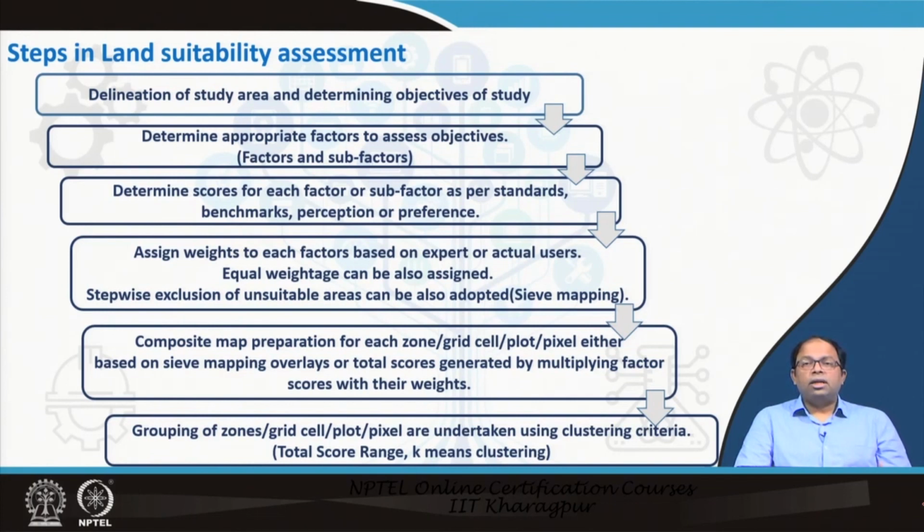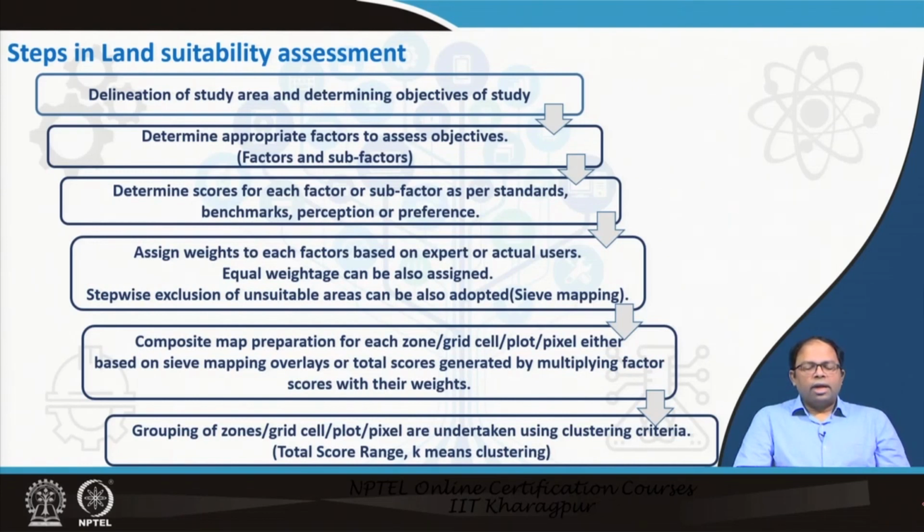This is particularly suitable when we are dealing with areas with a lot of undulations. We know that there are certain areas which have to be excluded. After excluding them, the areas left out can be divided into plots, because if I go with grid cells, some part of the grid cell may fall within an excluded area and some part will be outside, so it would be very difficult to compare different grid cells.